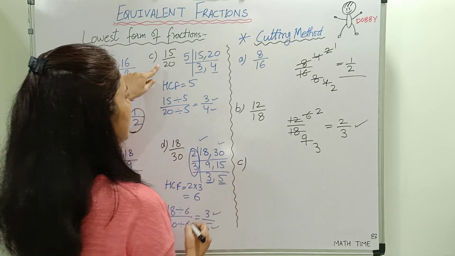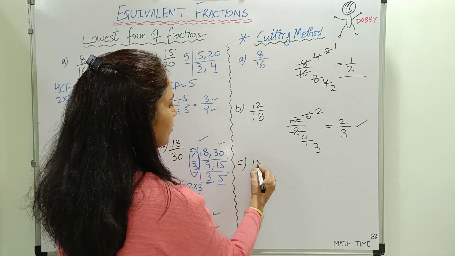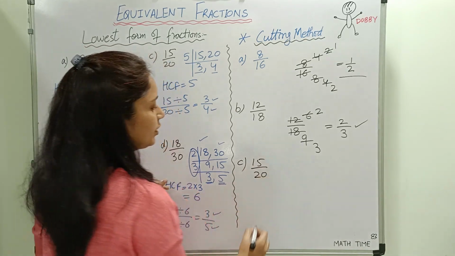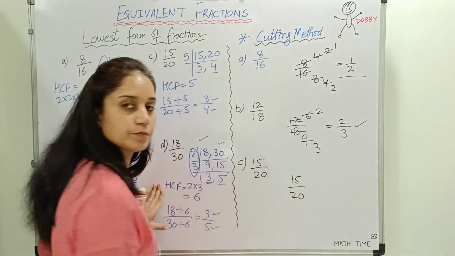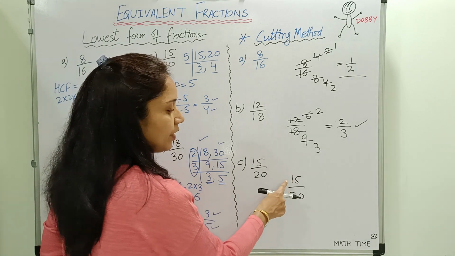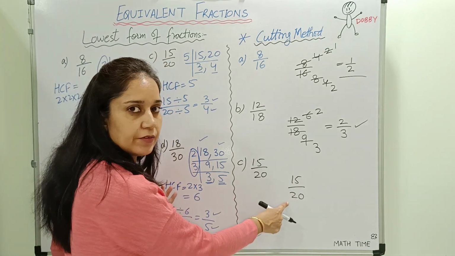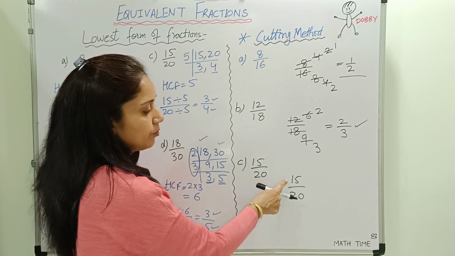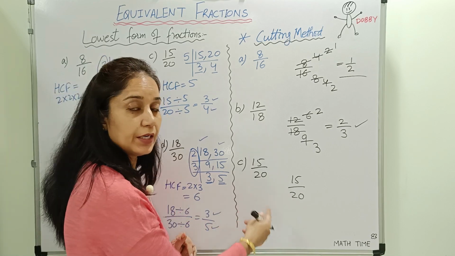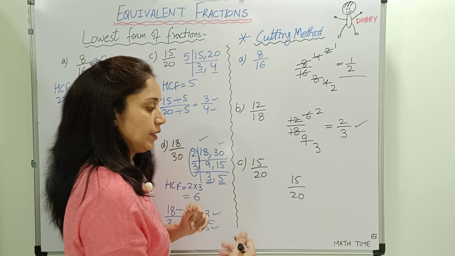See the next sum, 15 upon 20. Fraction given. Let us do the cuttings of 15 upon 20. 15 is an odd number, 20 is an even number divisible by 2 but 15 is not. Go to the table of 3. 15 is divisible by 3 but 20 is not. Go to the next table.